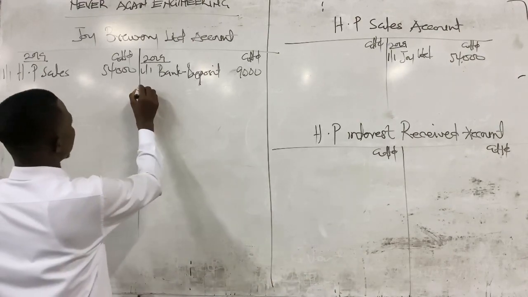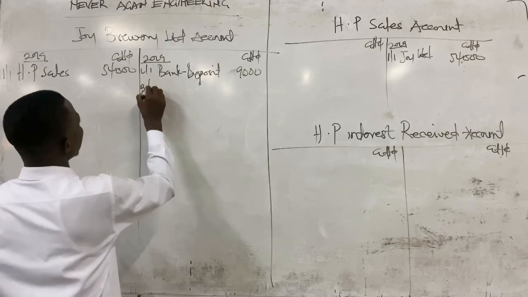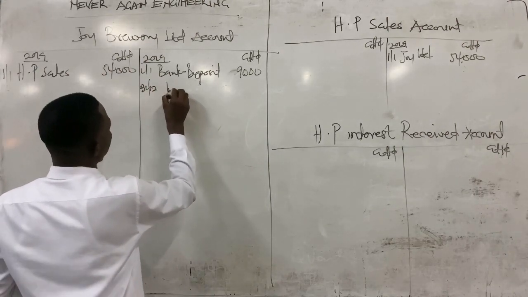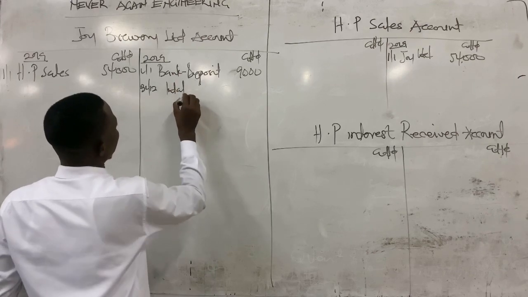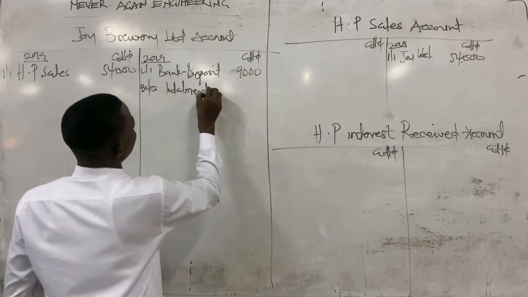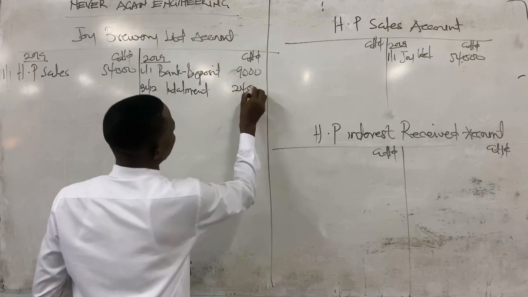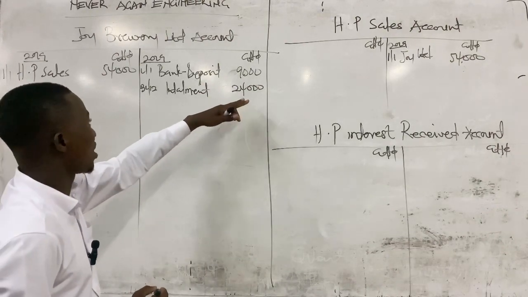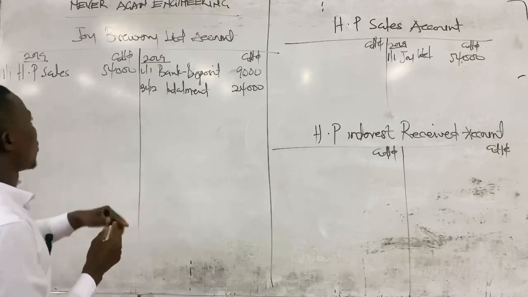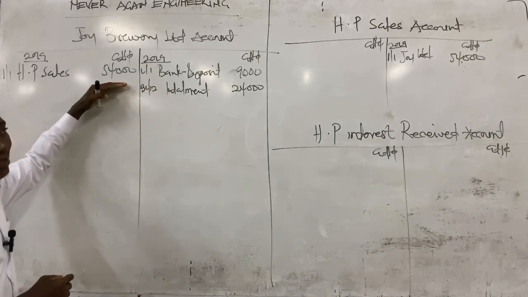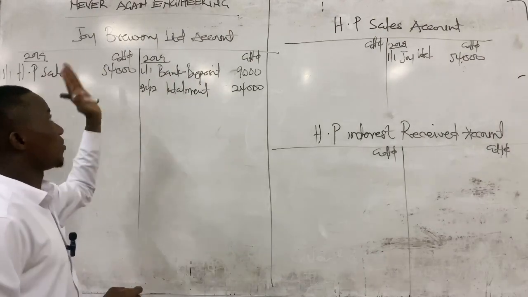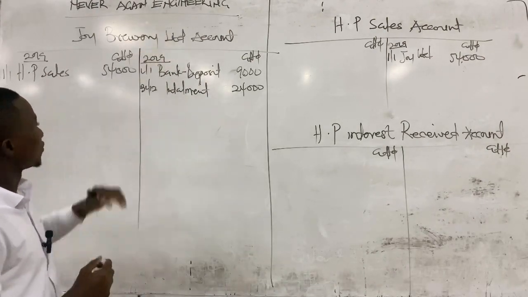So for 31st December, there is an installment of 24,000. Is this clear? We are crediting because we want to reduce the debt. So we credit Joe Limited account and debit the bank account of Never Again.